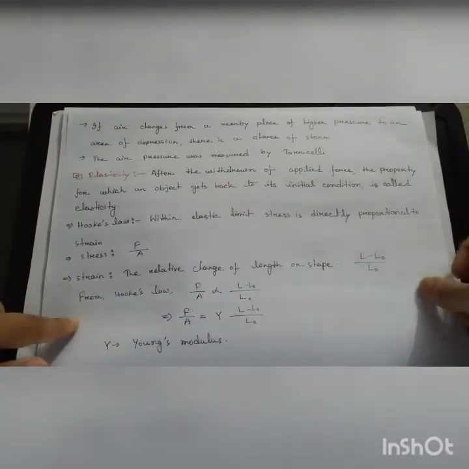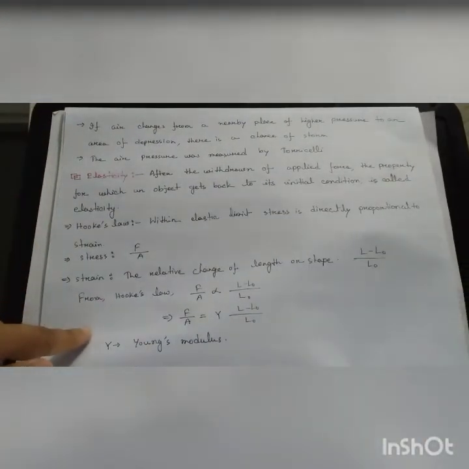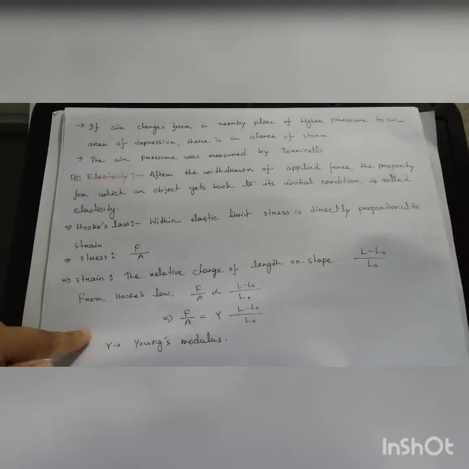If air moves from a nearby place of higher pressure to an area of depression, I just want to repeat again, if air moves from a nearby place of higher pressure to an area of depression, there is a chance of storm.